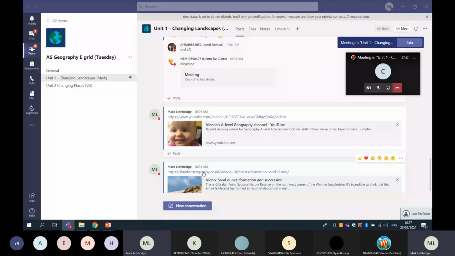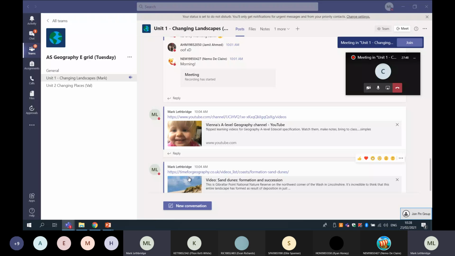It's only about 6-7 minutes long. And what it does is talk through the stages of sand dune formation. It's out at Gibraltar Point, which conveniently is actually in Lincolnshire, not Gibraltar. But it talks through how the wind and the vegetation allow this development to take place.